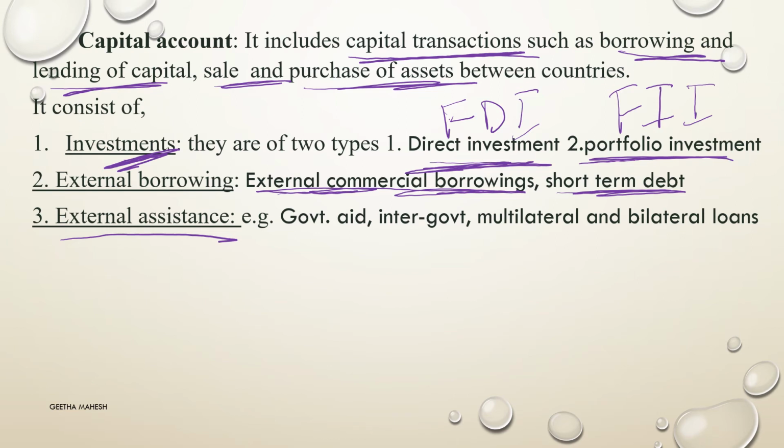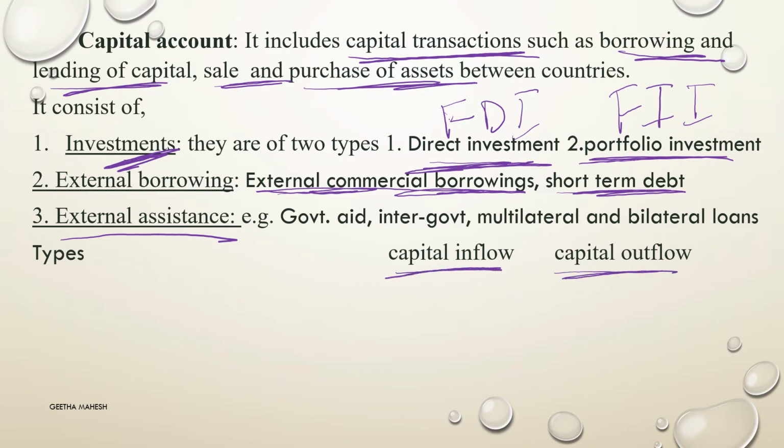Now let us discuss types of capital account. Capital account may be three types: surplus capital account, deficit capital account and balanced capital account. Before we discuss that, let us discuss what is capital inflow and capital outflow.